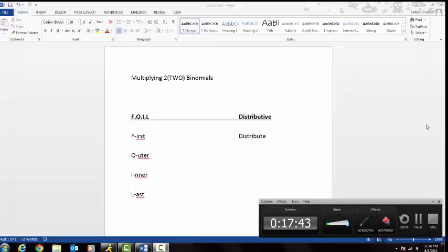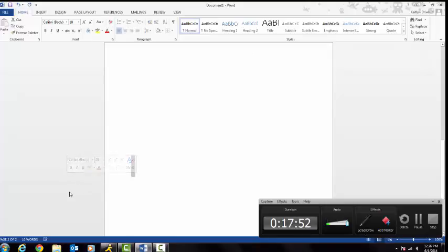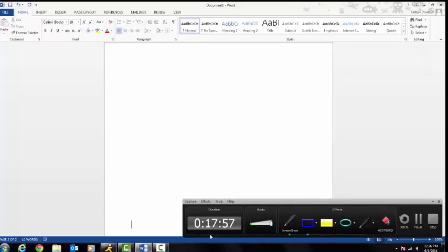As of right now, we're just going to get a new page and we're going to work it there. So we have our example as x minus 3 and x plus 2. Correct?